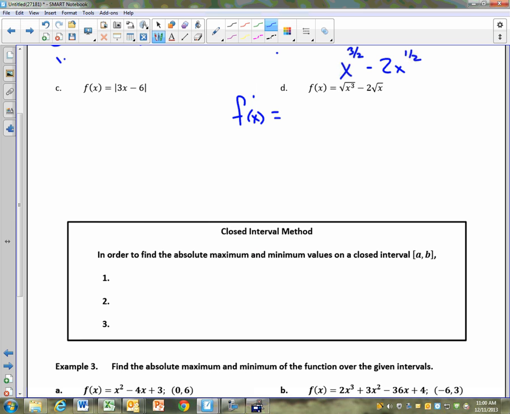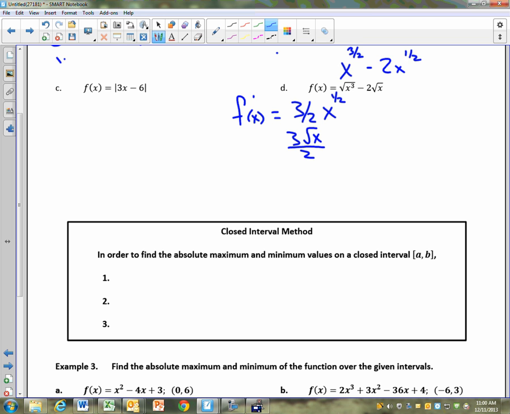Let's take the derivative. What is the derivative of x to the 3/2? 3/2 x to the 1/2. So very good. You said 3 roots of x over 2. Exactly. What is the derivative of negative 2x to the 1/2?